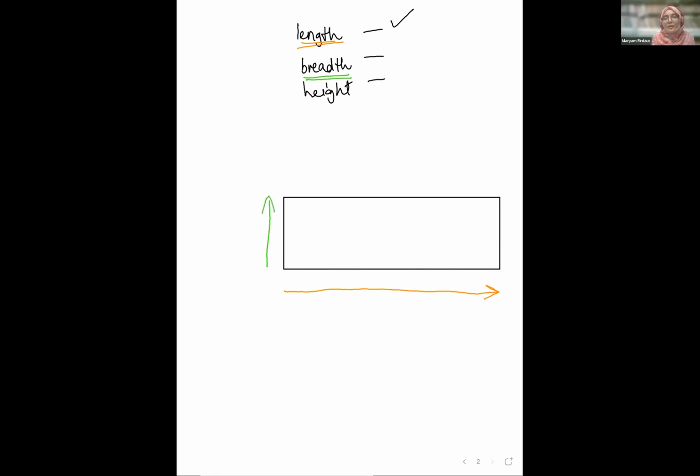Does it have a height or depth? You can also call this depth. No, it does not. So how many dimensions does this shape have? Two. So that's why we call it a 2-dimensional figure, and not a 3-dimensional figure, because it has only 2 dimensions.